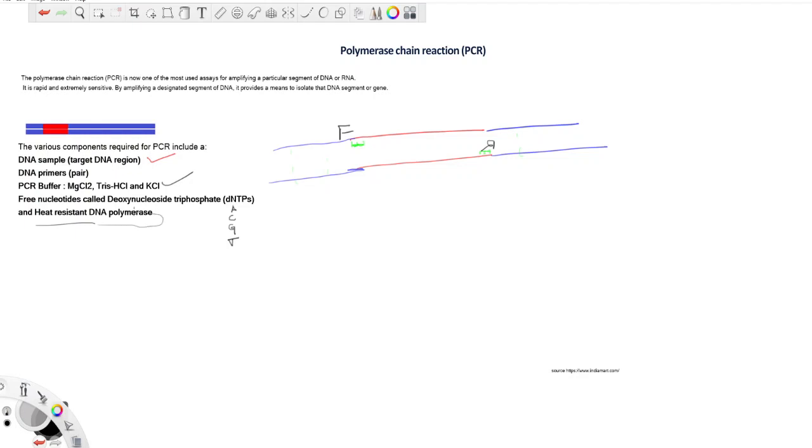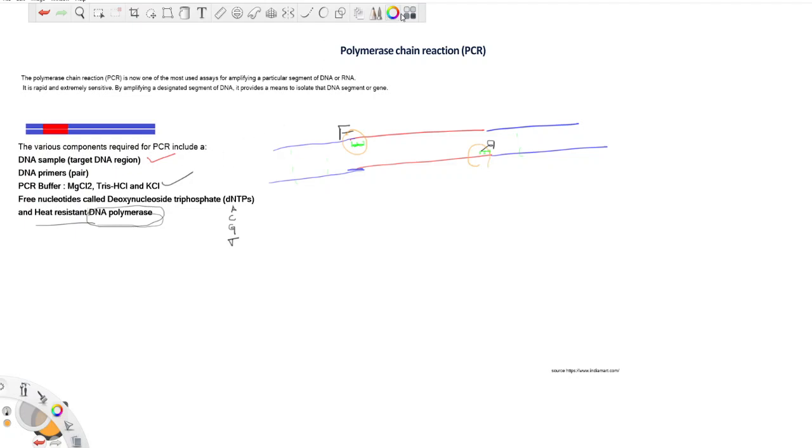polymerase. And at this point, I'm going to assume that we are all comfortable with the role of polymerase when it comes to DNA replication or just DNA elongation. At large, polymerases play quite an interesting role. So what is going to happen as soon as you have this, you are going to have a polymerase that is going to recognize this region like this.